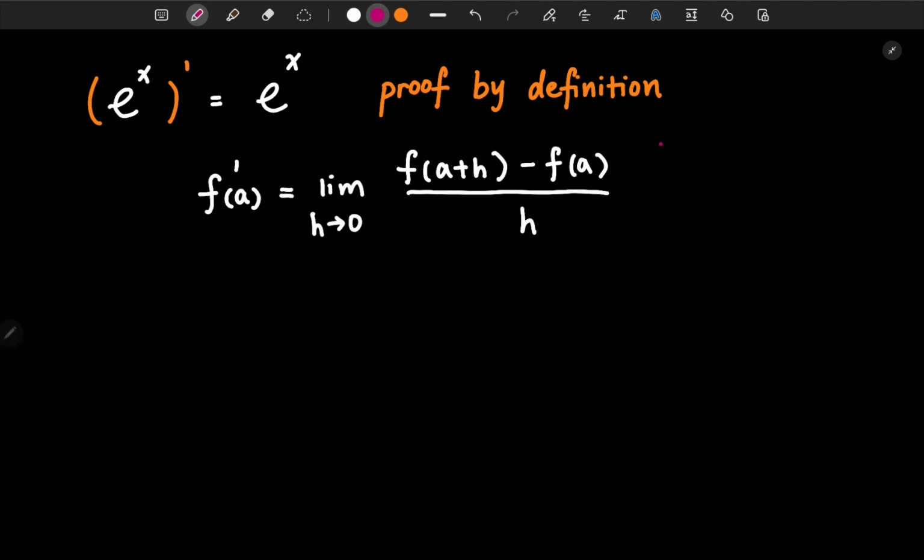Where on the top, we have the change in function value, and on the bottom, h stands for a very small change.